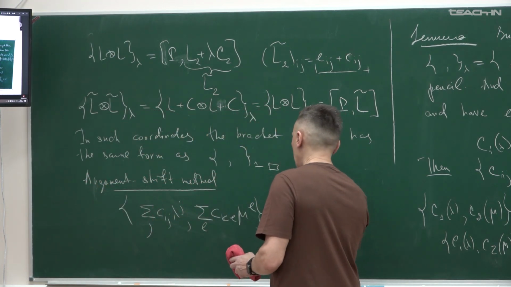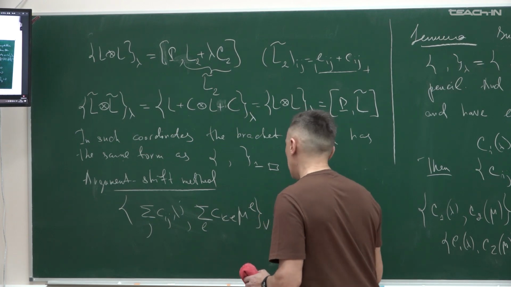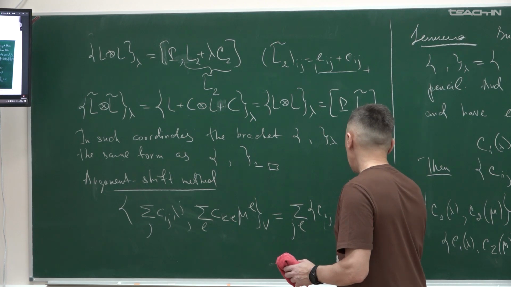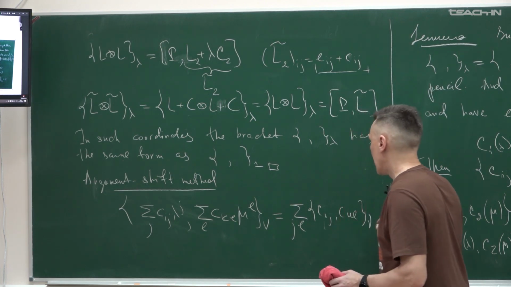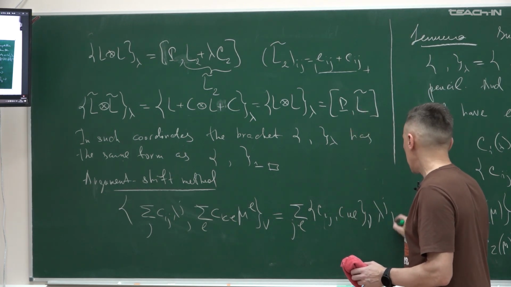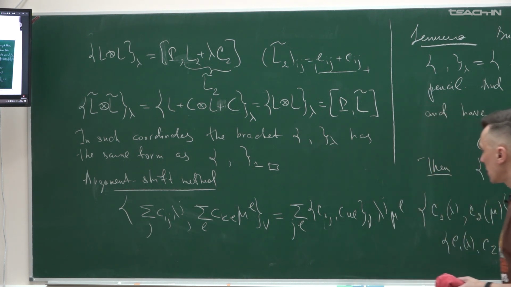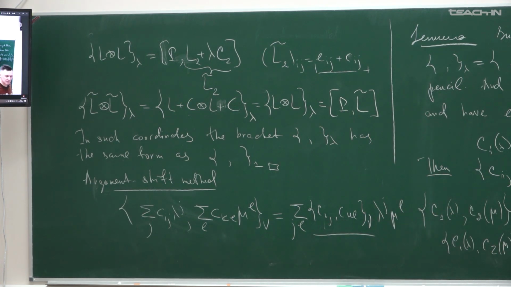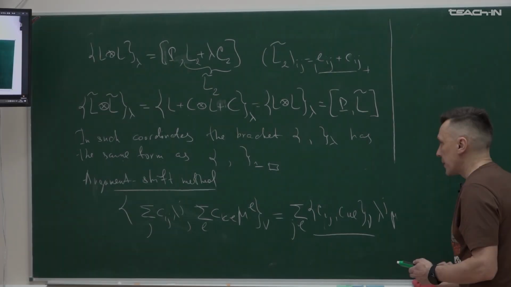It is the sum over j and l of the bracket of C_ij and C_kl times lambda^j mu^l. So it's a series which is 0. So all the coefficients of this series should be 0.